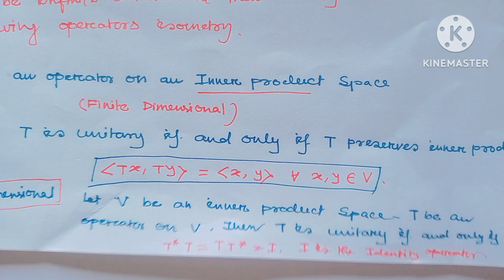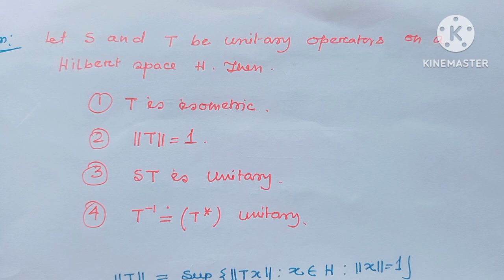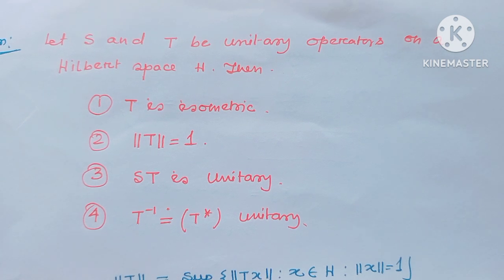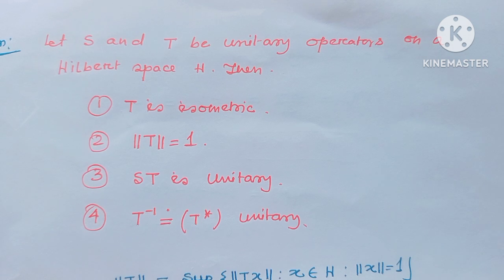Okay. Next, a few results on unitary operators. Let S and T be two unitary operators on the Hilbert space H. Then, as I proved a few minutes ago, T is isometric. Actually, when finite dimensional, the inner product is preserved, and when infinite dimensional, since the inner product is always preserved, T is isometric. Norm T equals 1, and ST, the product of unitary operators S and T, is also unitary. And T inverse equals T star, which is also unitary.